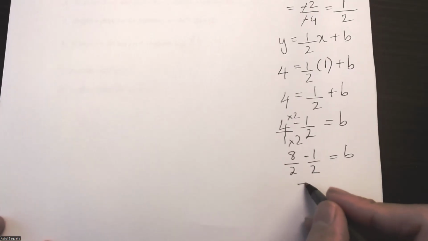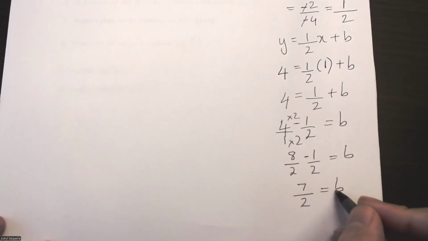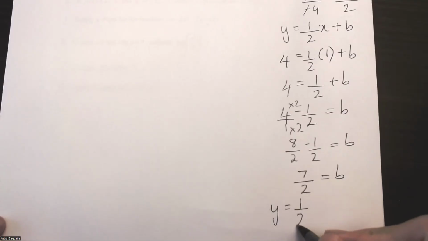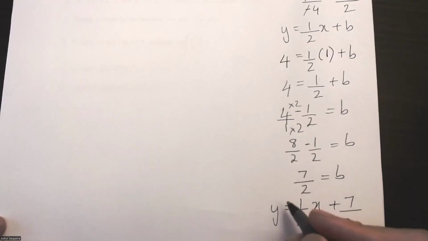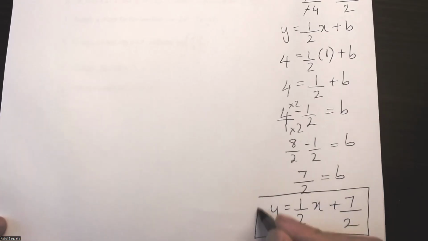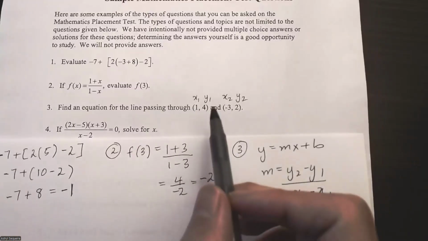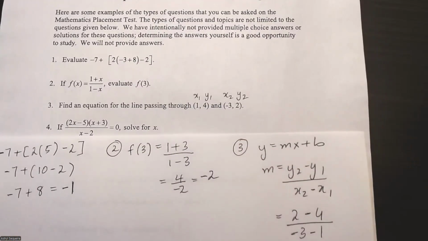And then if I subtract this, my b is just 7 over 2. So now I can rewrite my final equation for this question as 1 over 2x plus 7/2, and that is the equation of the line that passes through those 2 points.